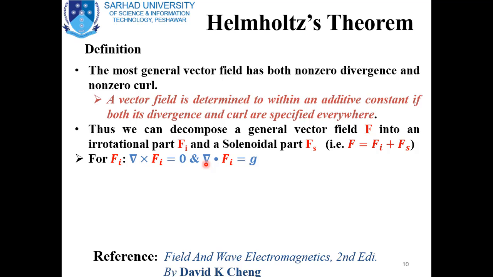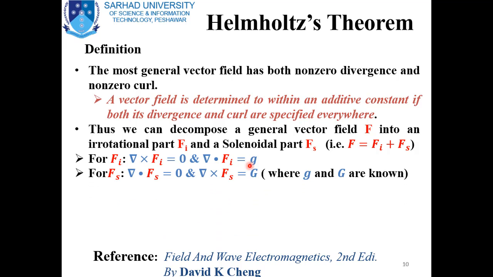So divergence del dot fi will give us a value, and we represent this value as g, where small g is a scalar quantity. And for fs, which is the solenoidal part, the divergence of fs will be equal to 0 and the curl will be non-zero, and we take capital G as the answer of the curl of the solenoidal part.